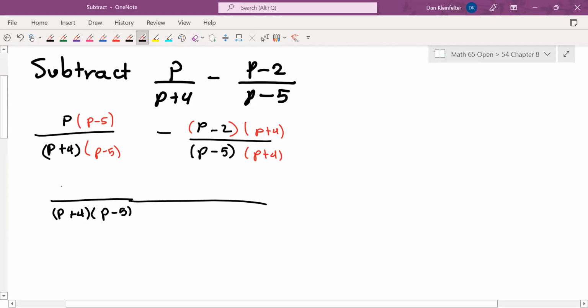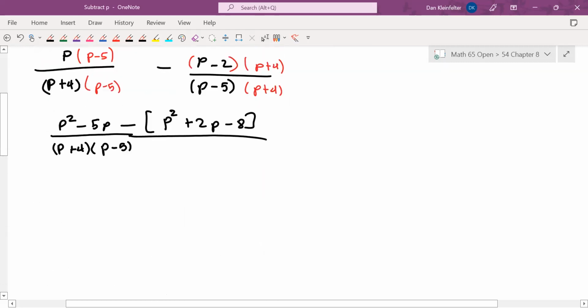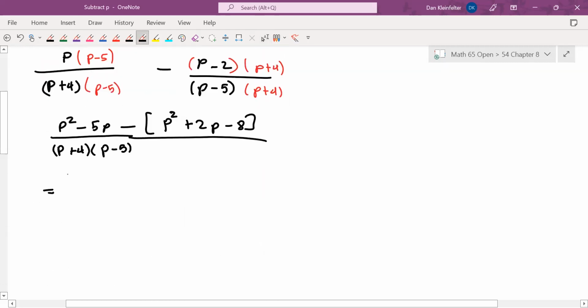And then up top, we'll have, let me go ahead and multiply as I do this, p squared minus 5p minus, and then all that is being subtracted. So let me wrap that in brackets. This guy is p squared plus 2p minus 8. Then in the next step, I'm going to distribute the negative.